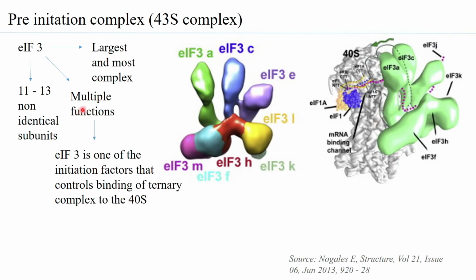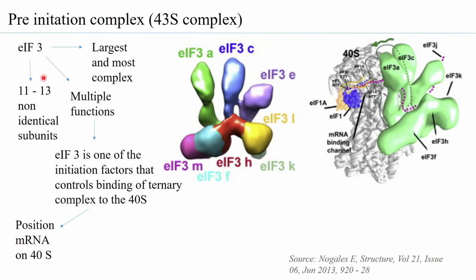So of the many functions that the EIF3 shows, one of the main functions is that it controls the binding of the ternary complex to the 40S. It positions or helps position the mRNA on the 40S. So we all know that for initiation of translation, the binding of the mRNA to the ribosome is very important.